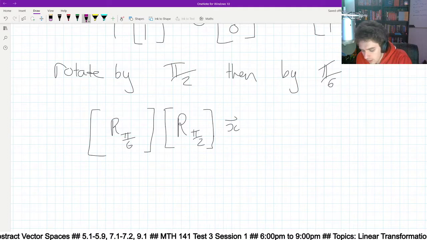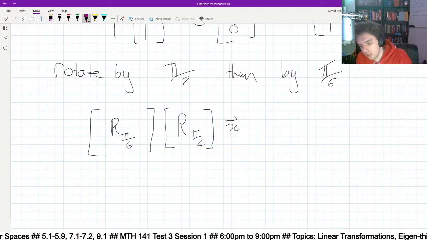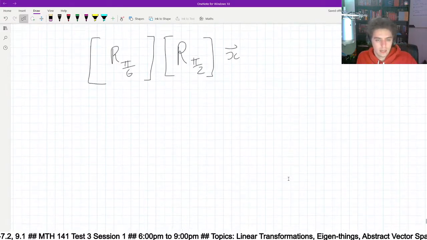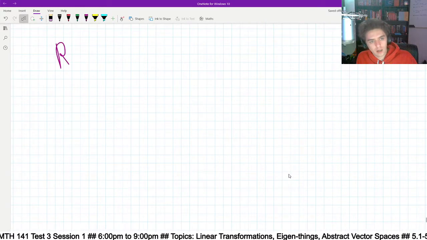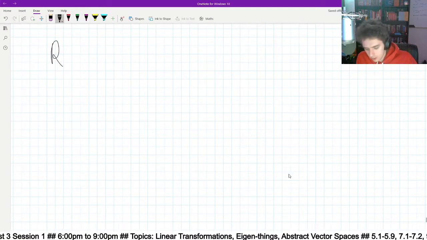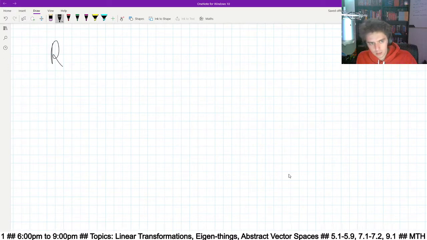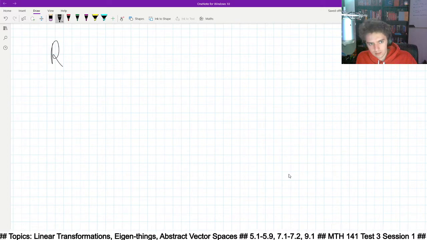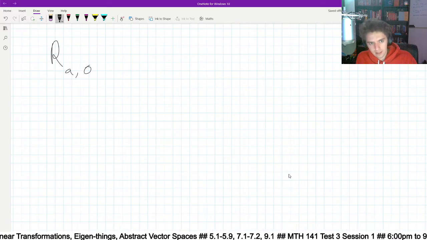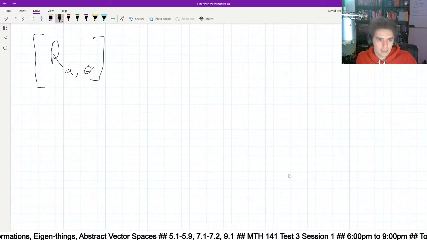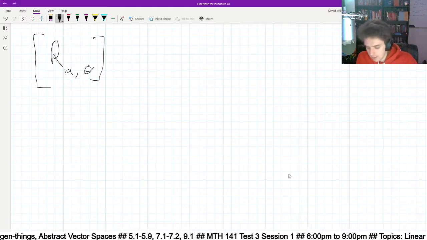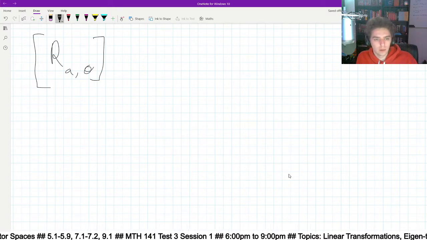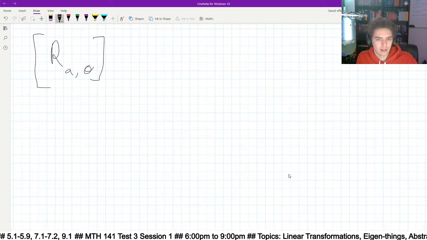Okay, and then let's say you're in R3 now. This stuff was just R2. Now let's say I want to define another function, R sub a theta. It's in R3, and it rotates all vectors around the a axis by theta.